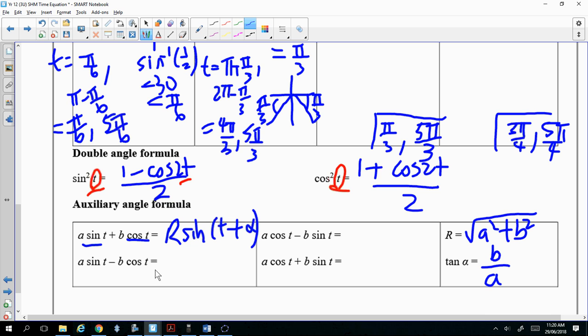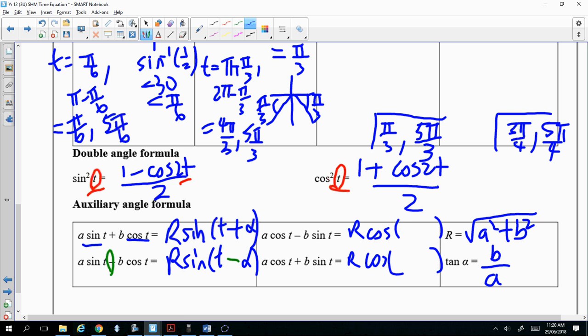If there's a minus here, you have it minus instead, but everything else is the same. And if it's a cos, you start with cos. So if it's a minus, it's a plus; if it's a plus, it's a minus alpha. Note these formulas. They are not on the formula sheet, so you have to memorize these.